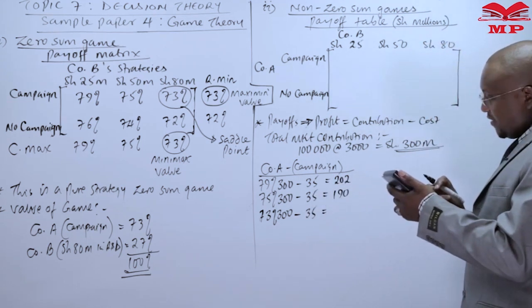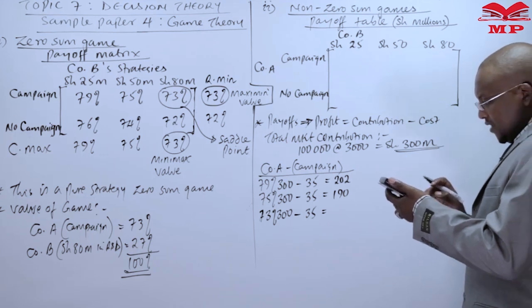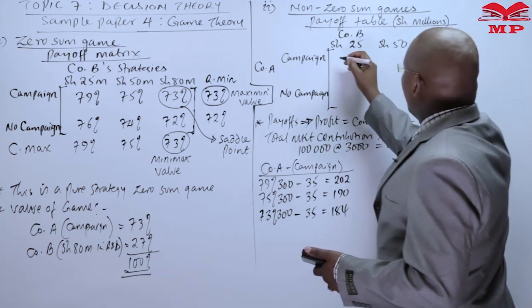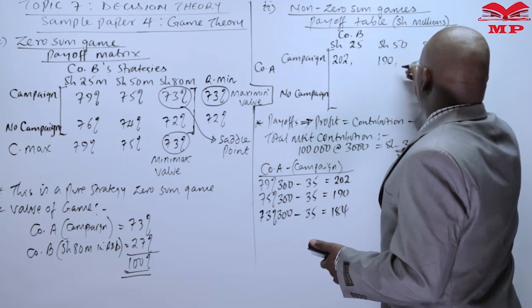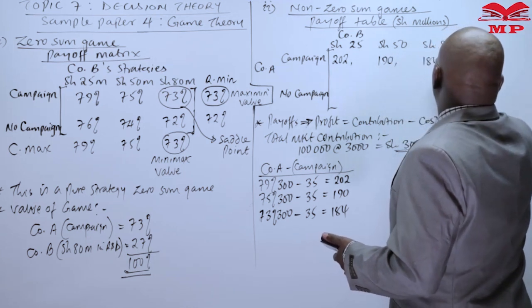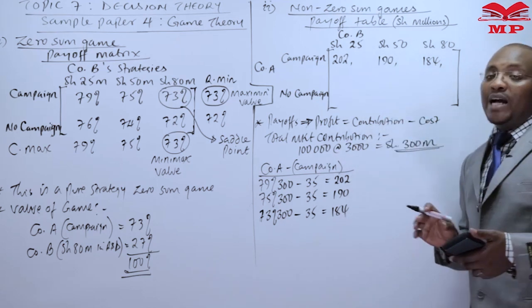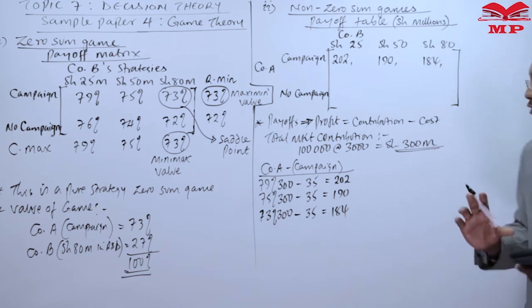And this is 0.73 times 300 minus 35. This is giving us 184. That means I can record them here: 202, 190, and 184. Now I am leaving a space for company B because this time company A and company B will be making different profits, and therefore we must indicate a pair for each.